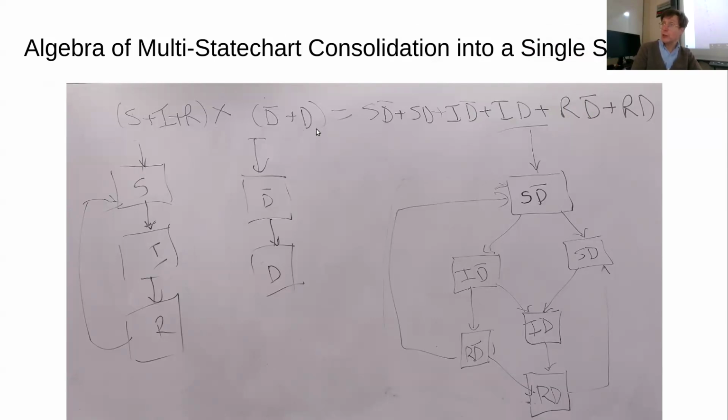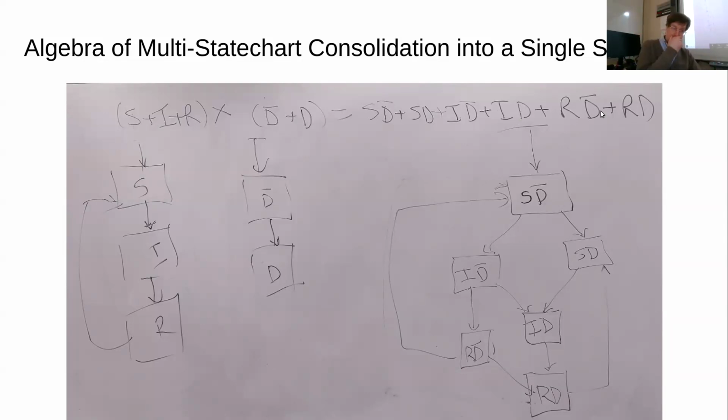If I multiply this through, this plus this times this, if you just take the distributive property, we get S times not D, plus S times D, plus I times not D, plus I times D, plus R times not D, plus R times D.